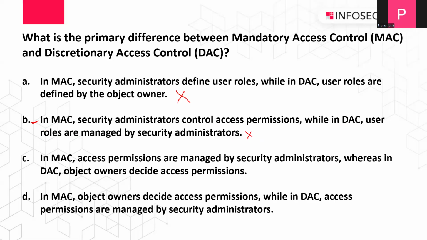Then we have C, which says in MAC, access permissions are managed by the security administrator, which is correct, whereas in DAC, the object owner decides access permissions. In DAC, I'm the owner of the file, I decide who can have the access. So among these, C is the correct answer.